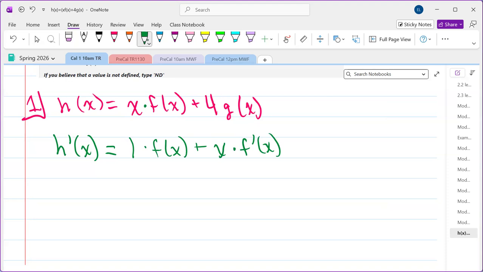So I write f prime of x. Plus, now the derivative of 4 times g of x. Well, 4 is just a constant, so that just carries through. So we'll have 4 times g prime of x. So I found my formula for the derivative.